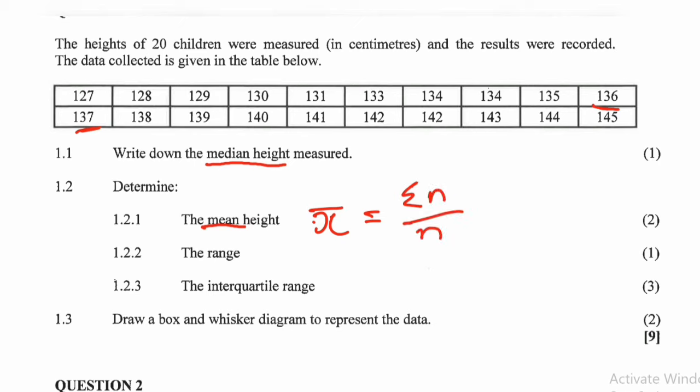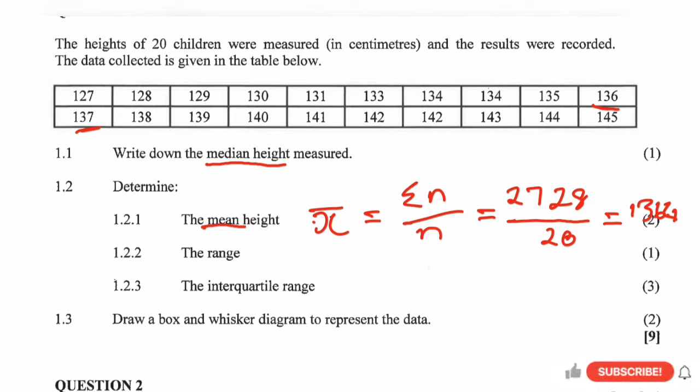So if you add all the values, you will find that they add up to 2,728. And how many are the values here? We have 20 values. So the mean in this case is 136.4.